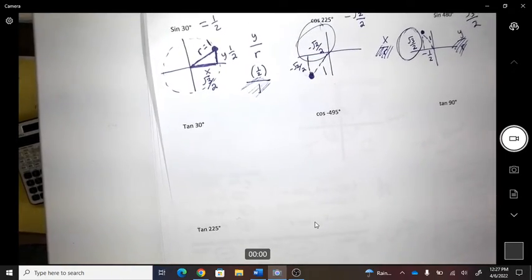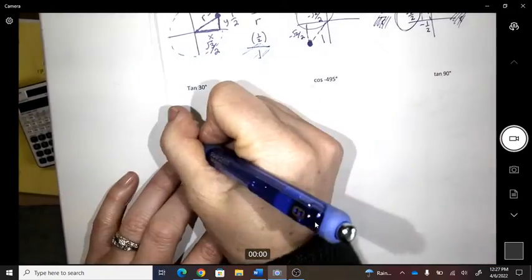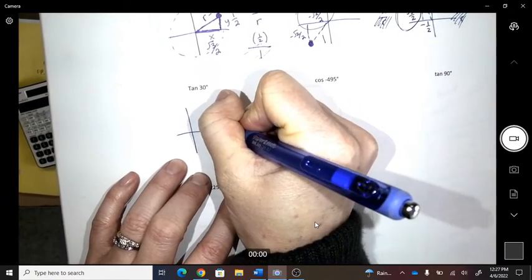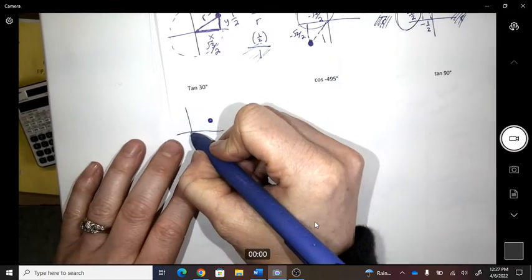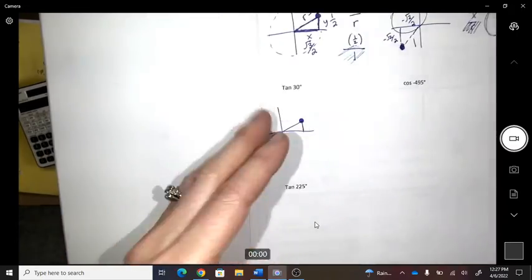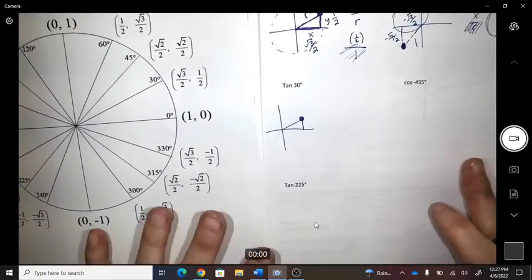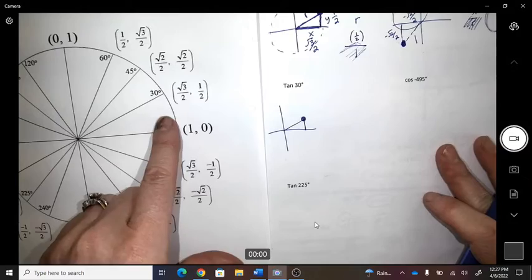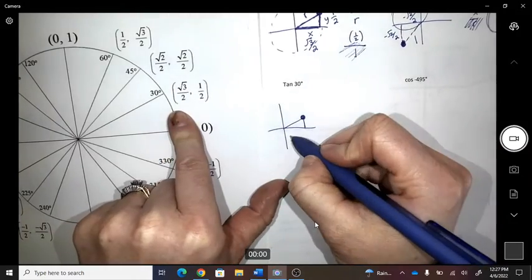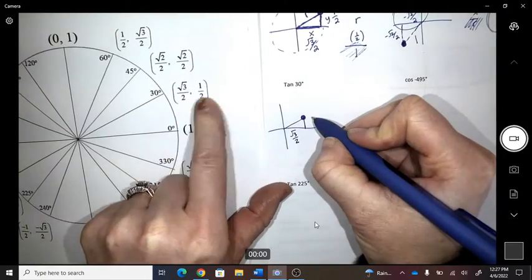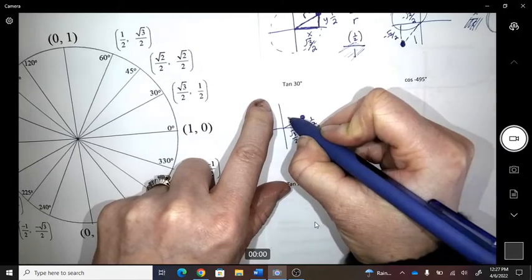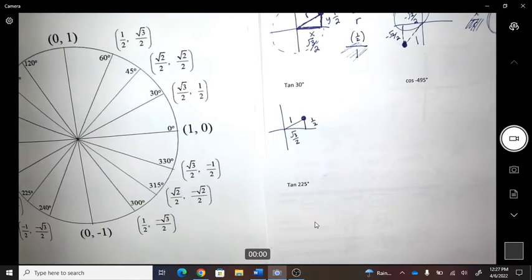Question 10, 30. So I'm going to draw 30 degrees as a dot. I'm going to form my triangle. And we already did this for question 1 with the 30. So my x is root 3 over 2, my y is 1/2, and the r is 1.